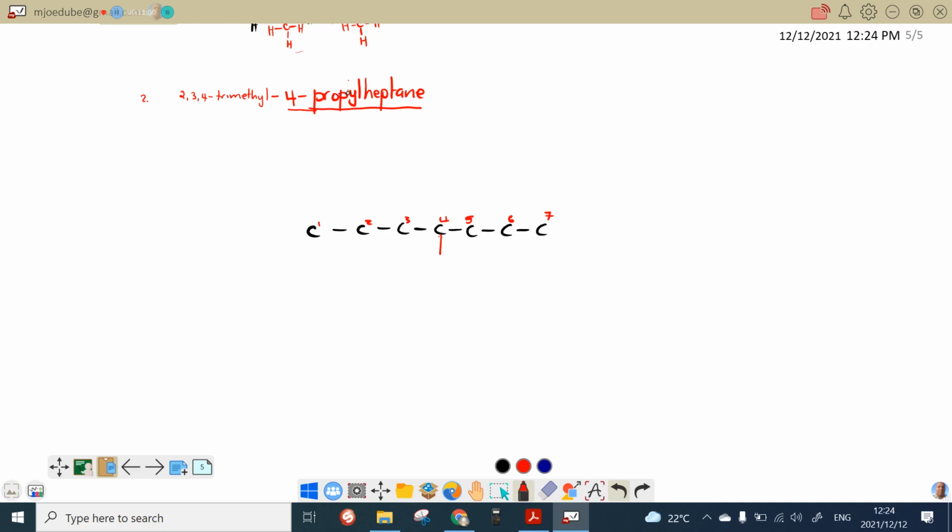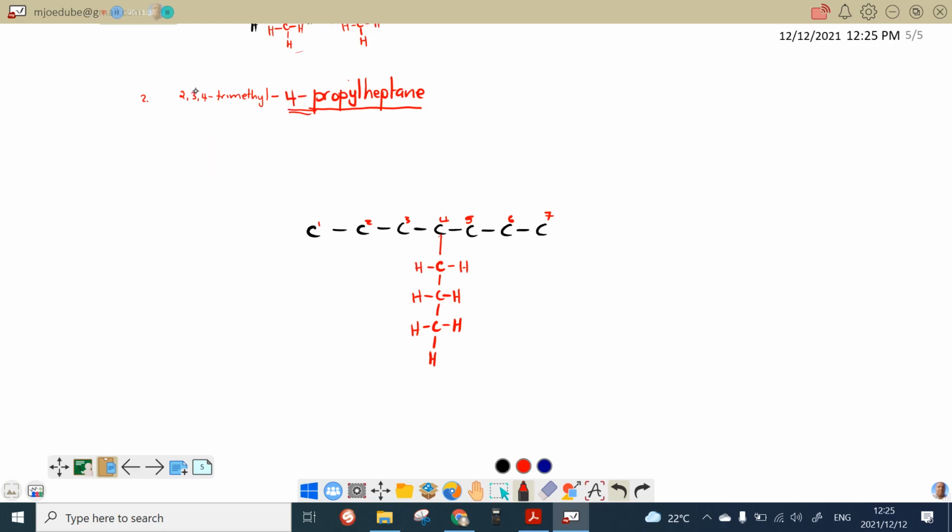The propyl group would have 3 carbons. So you've got that 1, 2, 3. So that is the alkyl radical that is attached. And because you are representing the structural formula, it is important that you give the structural formula of the radical as well. So it's on carbon number 4, so that part is taken care of.